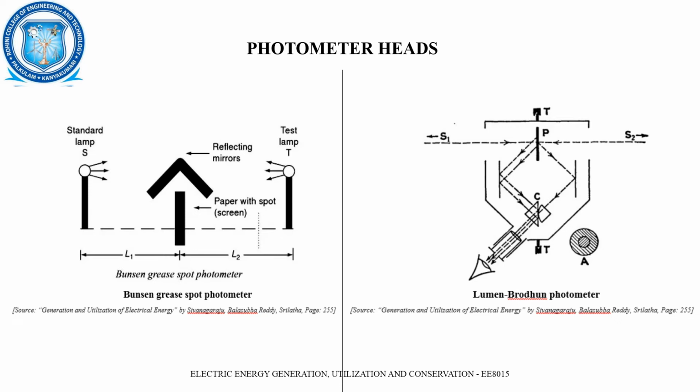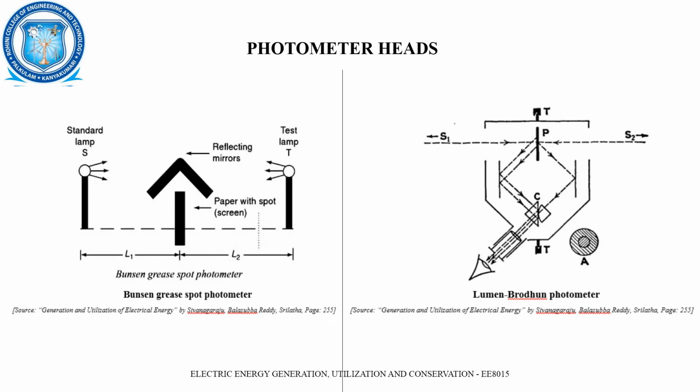Here what we are going to consider is you are having the S1 source here and the S2 source here. Light from S1 and S2 sources are made to fall on this screen. While the light falls on this screen, it gets reflected towards this mirror. This is a screen and here we have a mirror. And after coming here, it is getting reflected to this crystal.